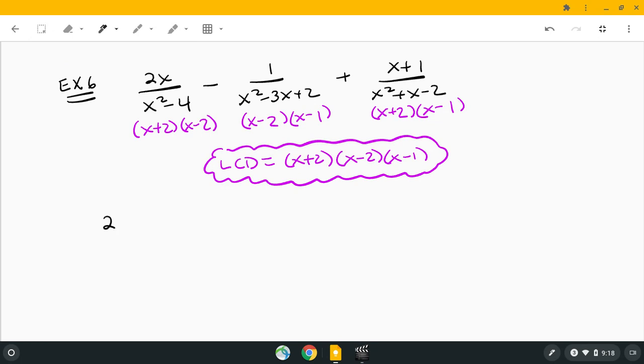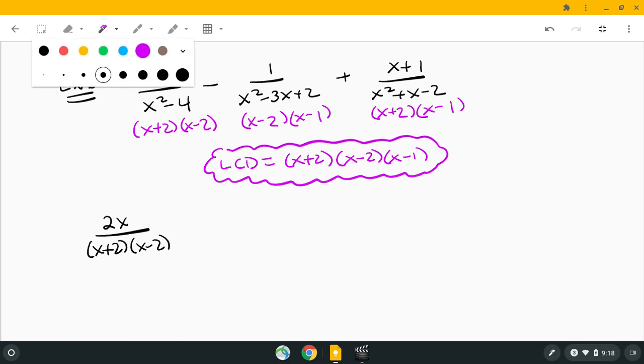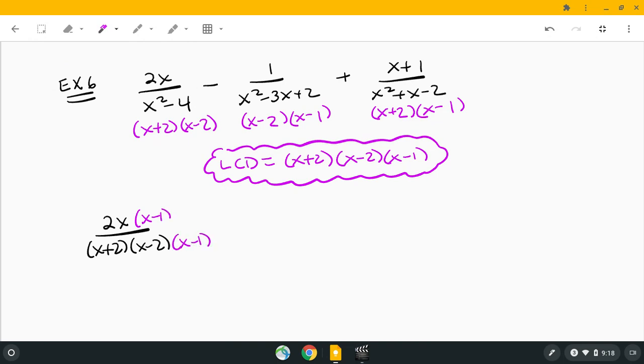All right. So this first one, 2x. We have x plus 2, x minus 2. So what do we need? X plus 2, x minus 2. We need the x minus 1. Okay. So we need to multiply that by x minus 1. Okay. Very good. All right.